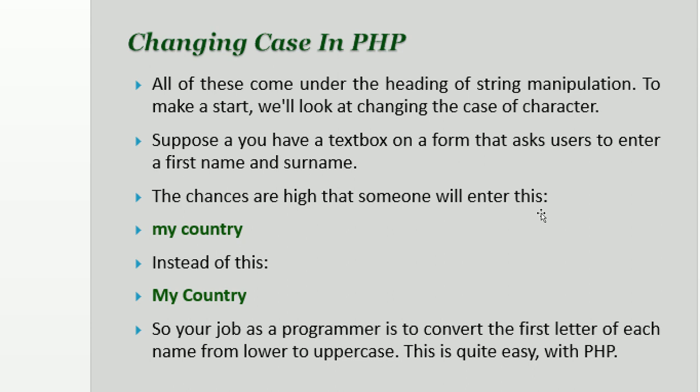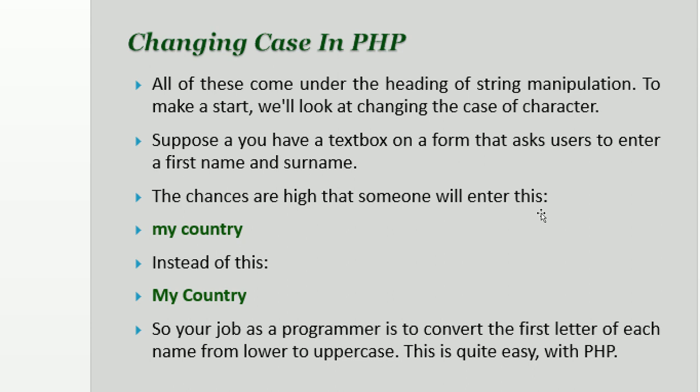To make a start, we will look at changing the case of characters, changing it from lower to upper and so on. Suppose you have a text box for the name or the country, and you ask the user to enter the first name and surname. Someone will enter this with small letters instead of capital ones.